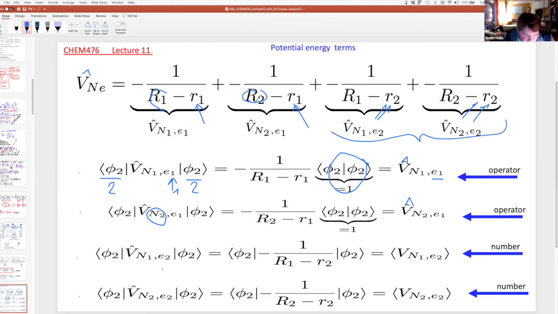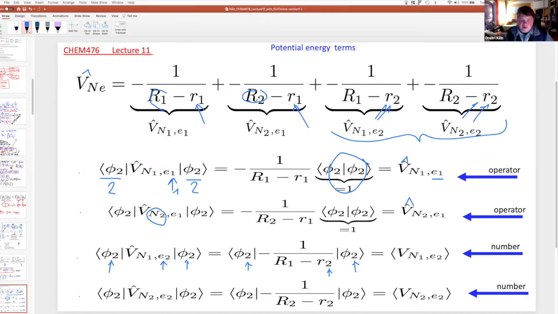So here I am looking for an operator that depends on the second electron in a bra and ket of the orbital that describes the second electron. So I have number 2 here in the operator and here in the function. If I practice this equation, it will bring me to an expectation value, to a number that doesn't follow any quantum commutation.